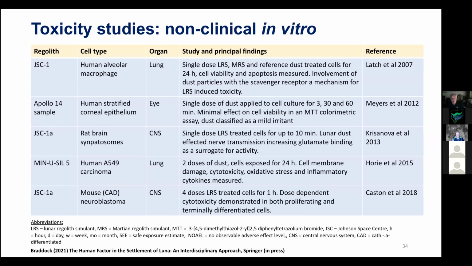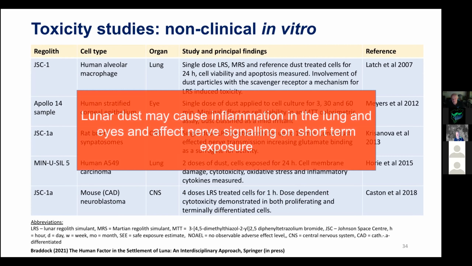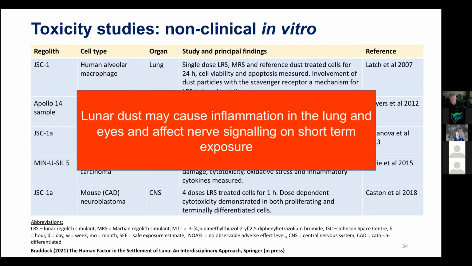So there's a whole bunch of studies that have been conducted with lunar regolith simulants in cell studies. And I won't go through these in detail, but just to tell you that they've been conducted in cell types that represent the lung, the eye, the central nervous system. And in all cases, the real summary is that lunar dust may cause inflammation to the lung and eyes and affect nerve signaling on short-term exposure.